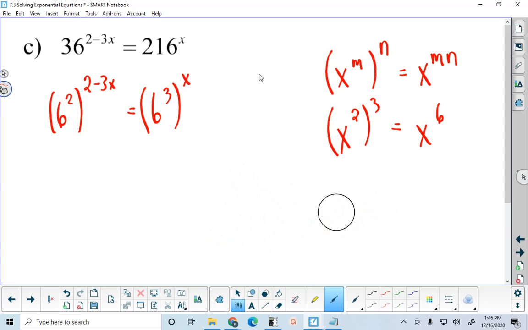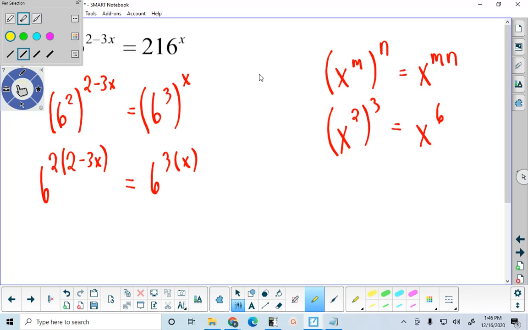And that means that on the left side, we're going to have 6 raised to the 2 multiplied by 2 minus 3x. And on the right side, we're going to have 6 raised to the 3 multiplied by x. I'm multiplying this and this to get that. And I'm multiplying these two to get that.